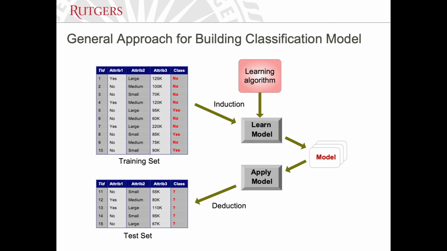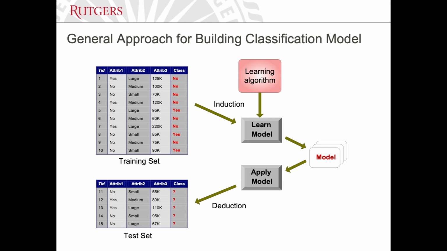A classification technique, also called a classifier, is a systematic approach to build a classification model from an input dataset, such as decision tree classifiers, rule-based classifiers, or neural networks. Each classifier employs a learning algorithm to identify a model that best fits the relationship between the attribute sets and the class labels of the input data.